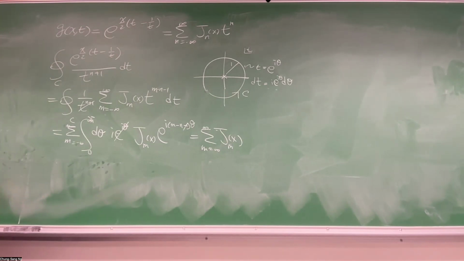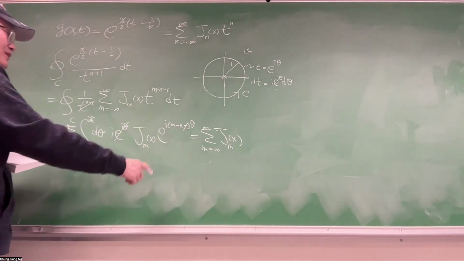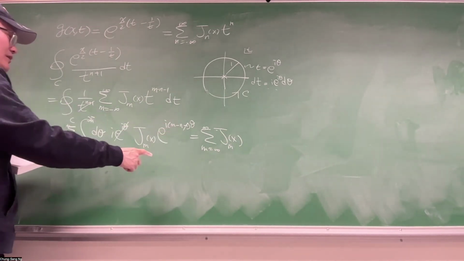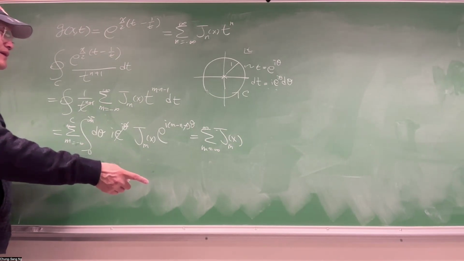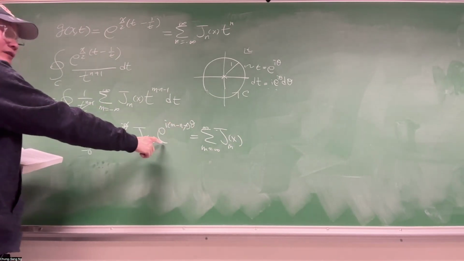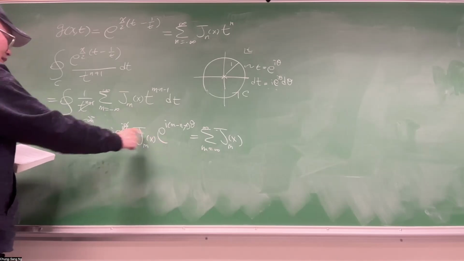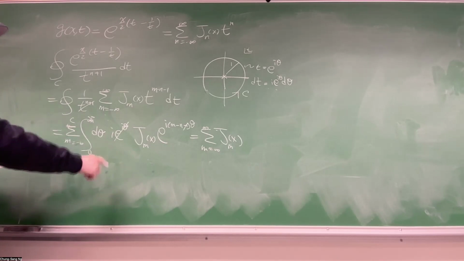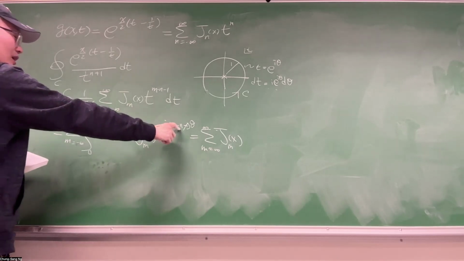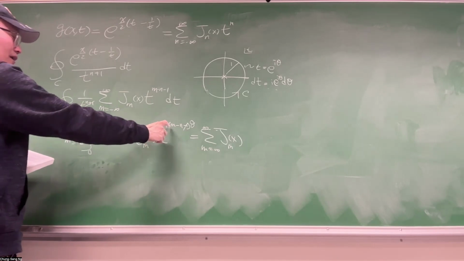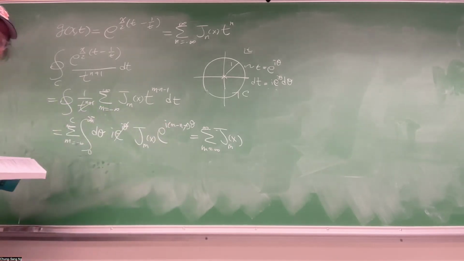And what is this integration? Which m will give you non-zero? When m equals n, the exponential is 1, and then d theta gives you 2 pi, and you have I. But when m is not equal to n, this is an integer, and e to the I times an integer times theta is a sinusoidal function.